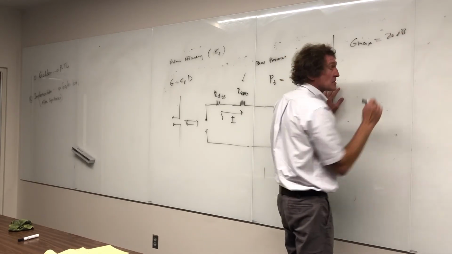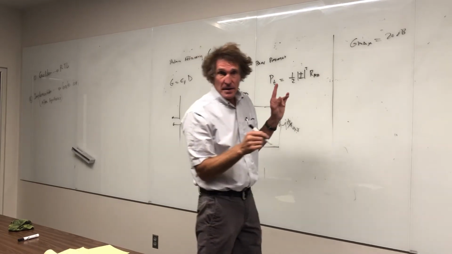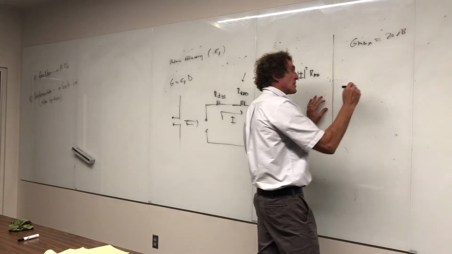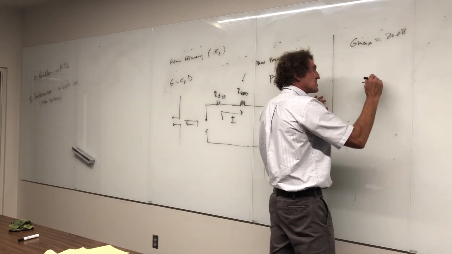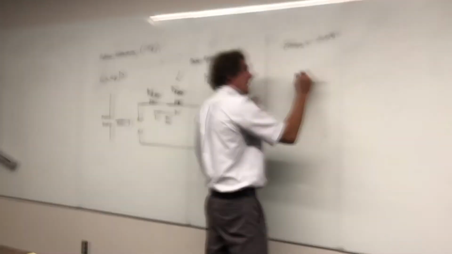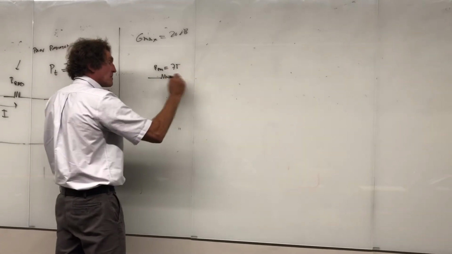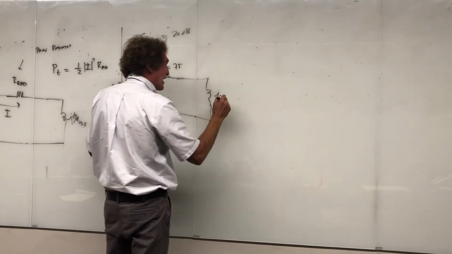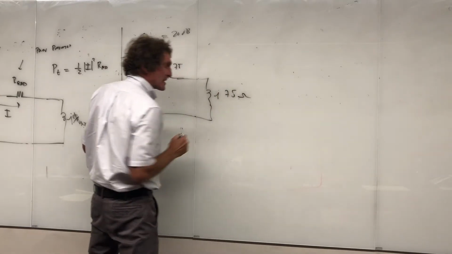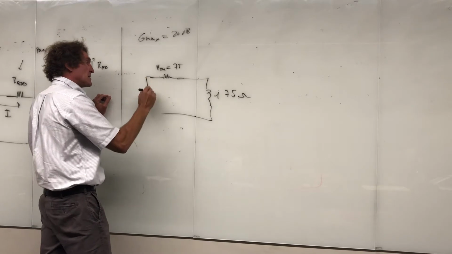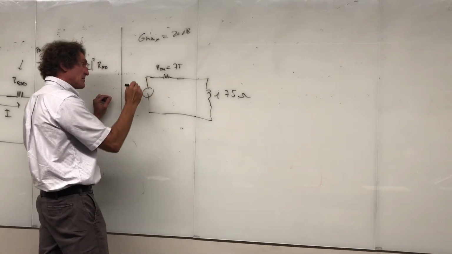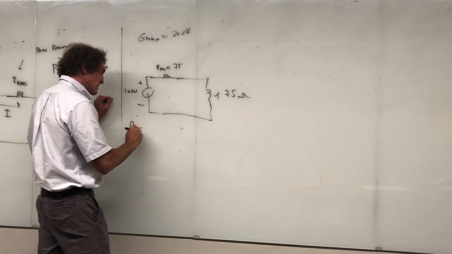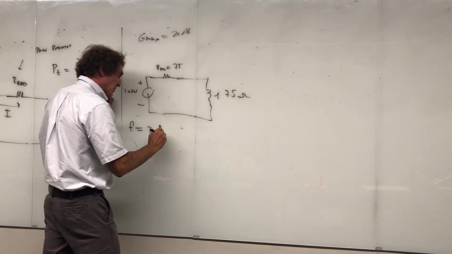The antenna has an equivalent impedance: just a radiation resistance, R rad, of 75 ohms, and a j75 ohms of reactance. I'm going to drive this with plus or minus 100 volts at a frequency of 3 times 10 to the 8th hertz. Okay?